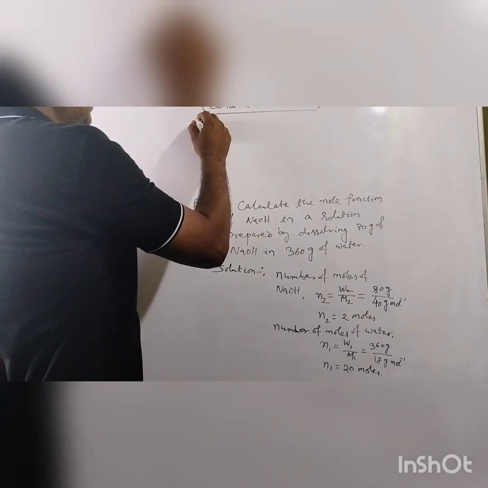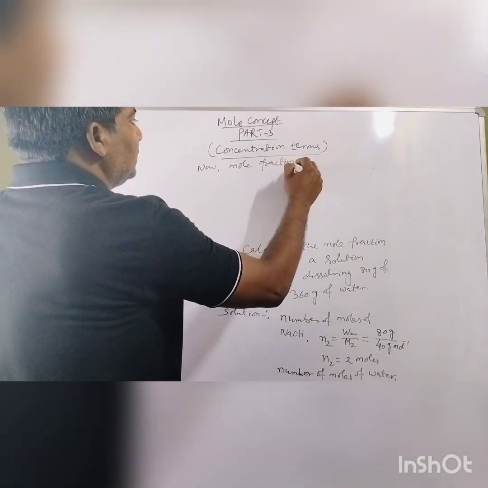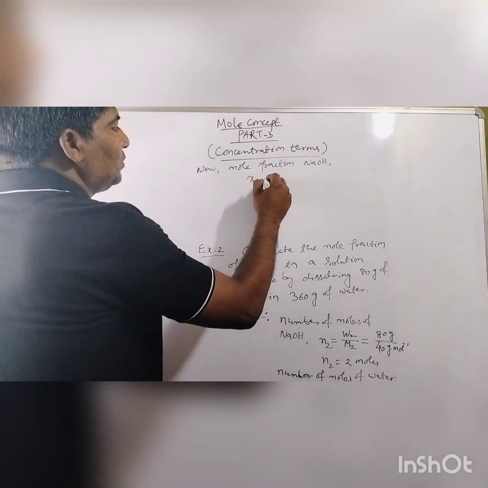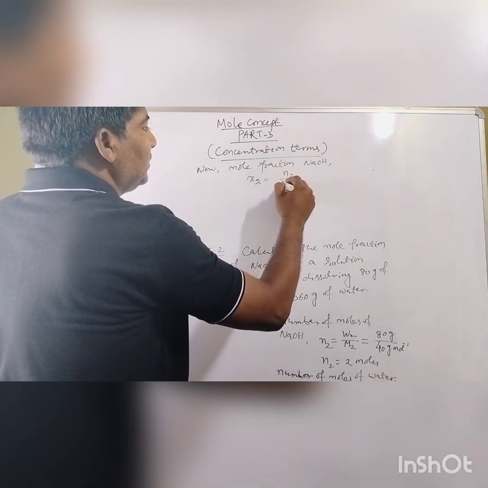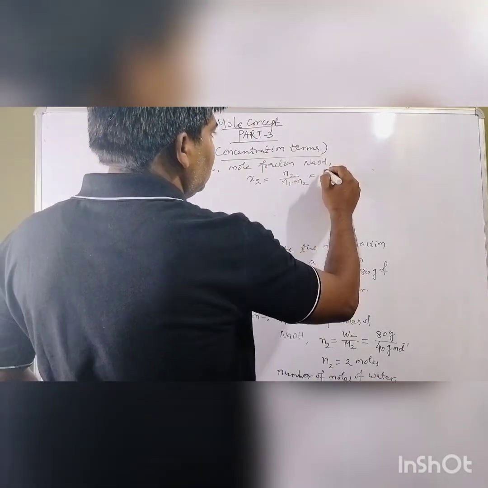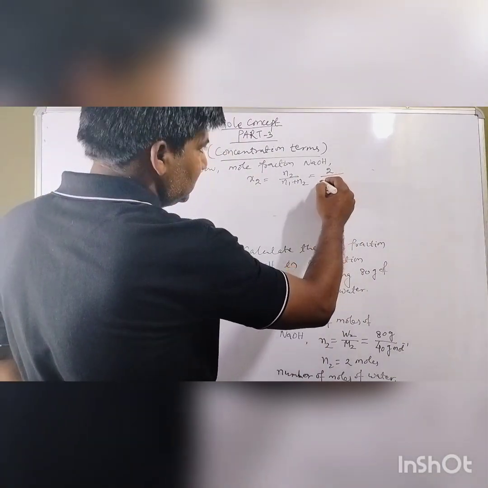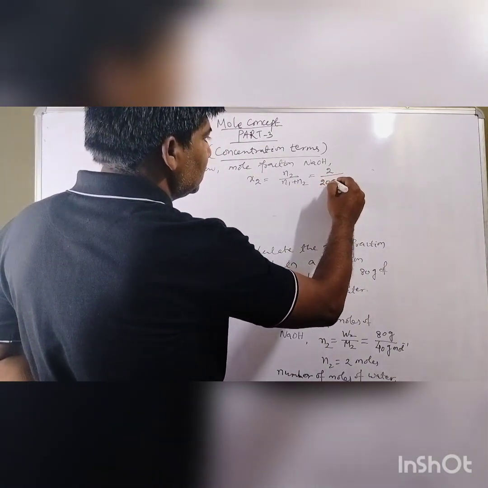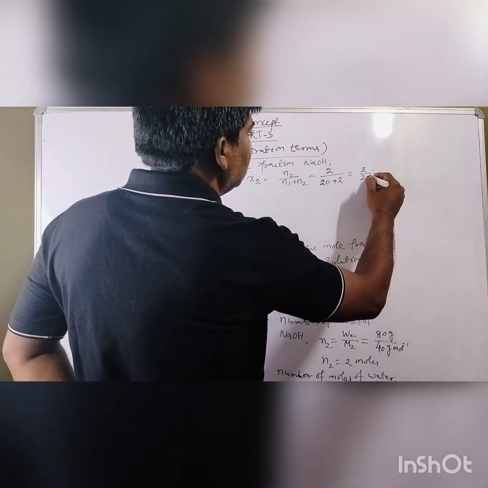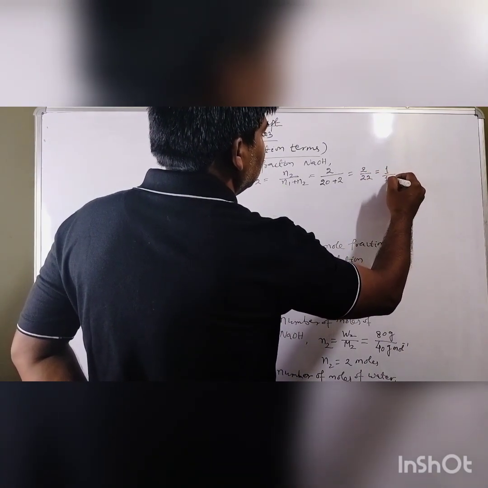So now mole fraction of solute, that is sodium hydroxide, x2 is equal to N2 by N1 plus N2. So here N2 is 2 moles and N1 we have got 20 moles plus N2 is 2. So that gives 2 by 22 or 1 by 11.